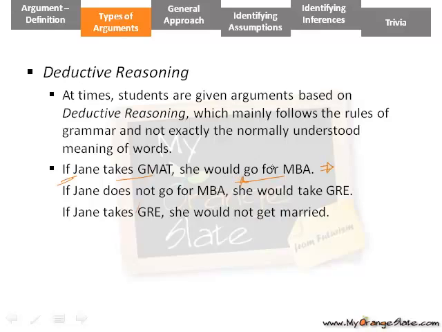Similarly, in the second sentence, what we get is, if she does not take GRE, she would go for MBA. If she goes for MBA, we cannot say anything about whether she would take GRE or not. But if she does not take GRE, she would definitely go for MBA.